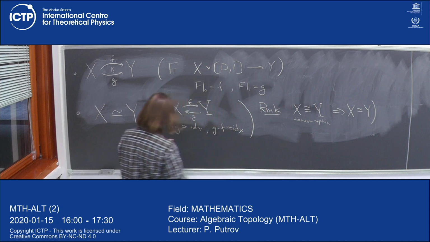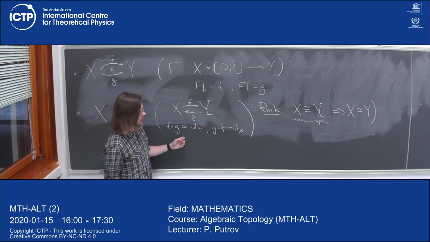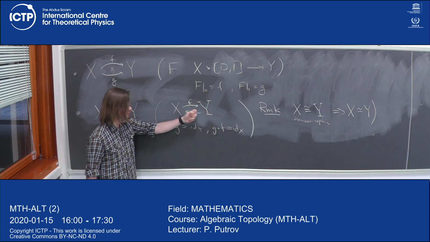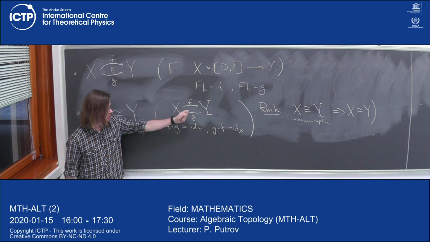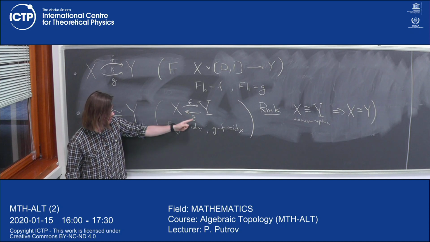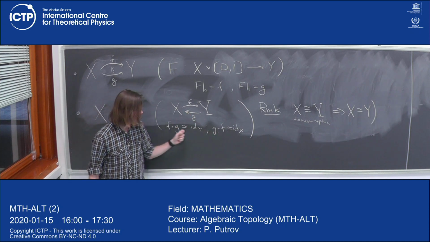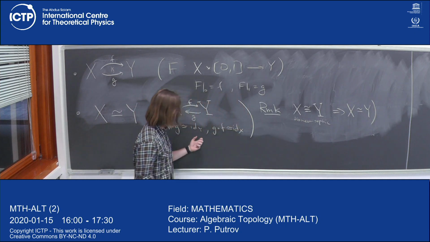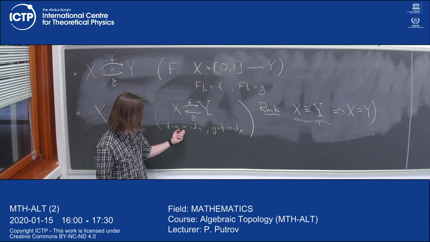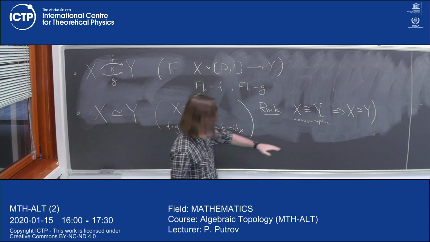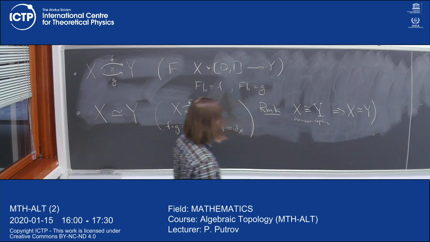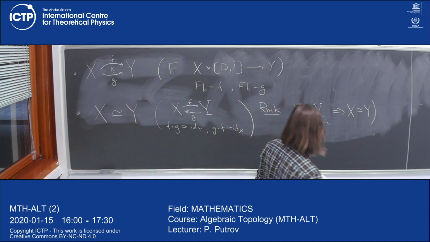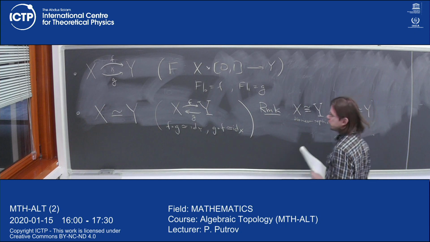And this immediately follows from the definition, because for homeomorphic spaces, the definition of homeomorphism is the existence of a pair of continuous maps between X and Y, so that their compositions are just identities. But of course, we know that the identity is homotopic to itself. So if they're homeomorphic, they're necessarily homotopy equivalent.